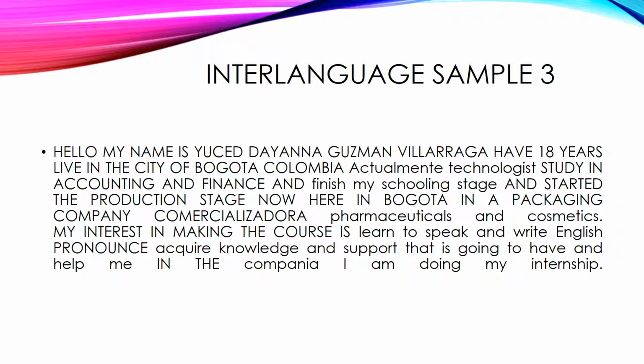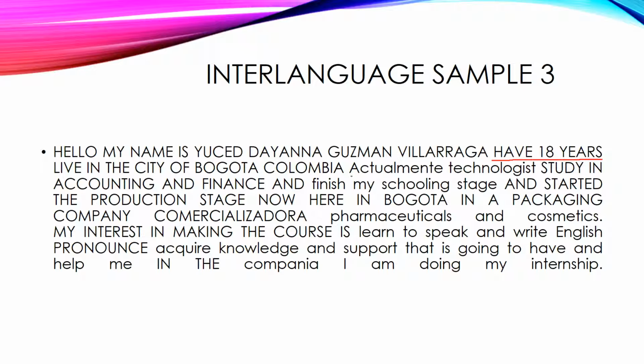In this third sample, we can notice that the student is making literal translations based on her mother language. We can also notice that she used words in her mother language instead of the second language she's acquiring. So, for example, let me point out to you. Here we have "18 years," which would be "I am 18 years old."